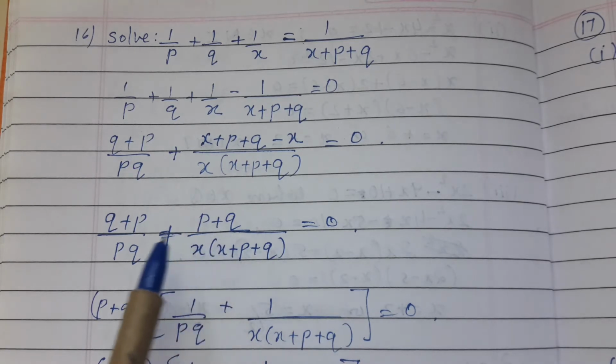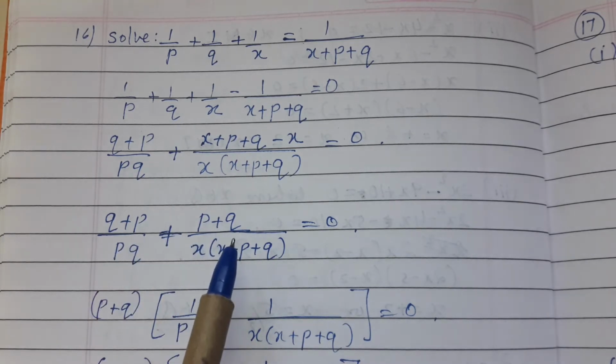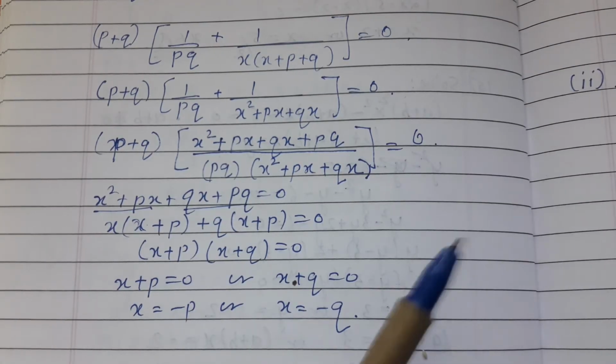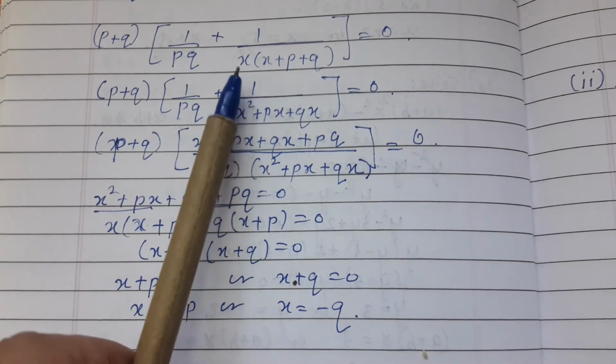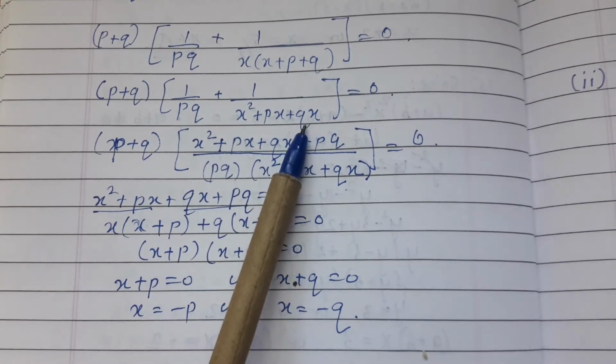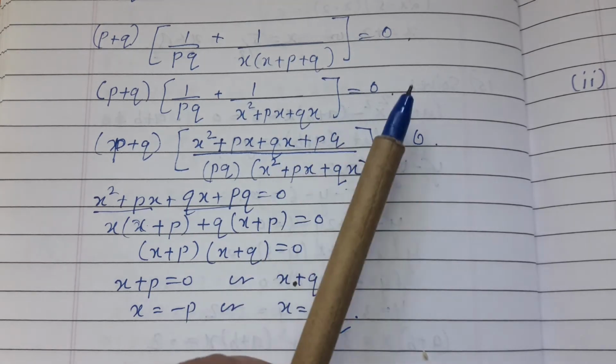Now in both the terms p plus q is common, so we take out p plus q into 1 upon pq plus 1 upon x into x plus p plus q equals 0. Open the bracket. We will get 1 upon pq plus 1 upon x square plus px plus qx equals 0.